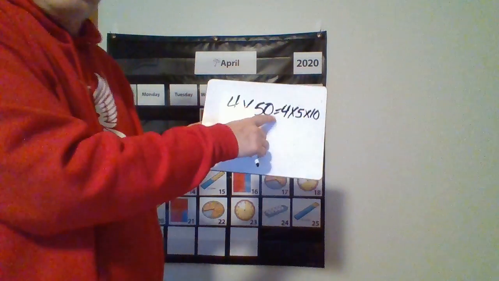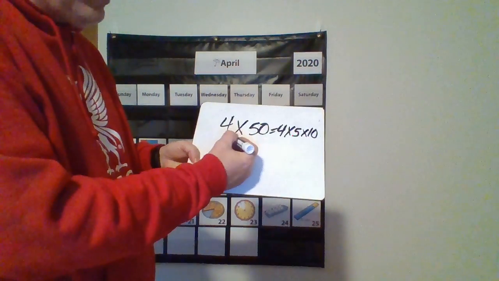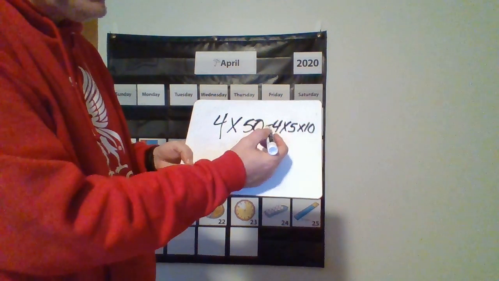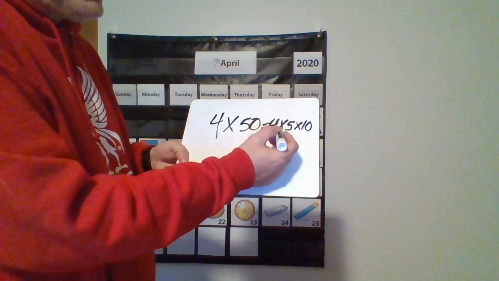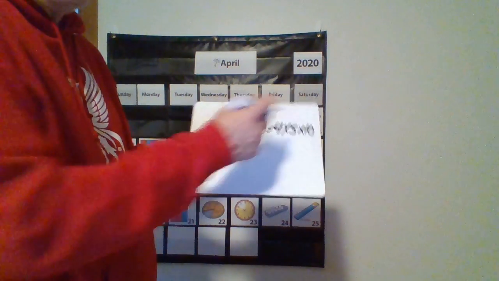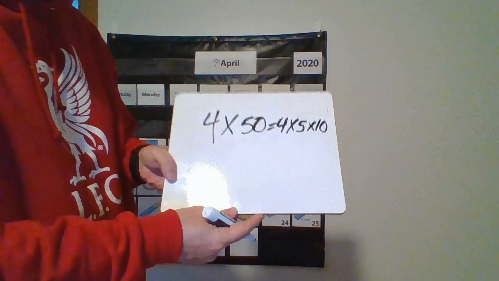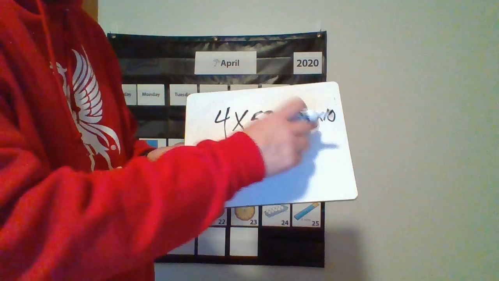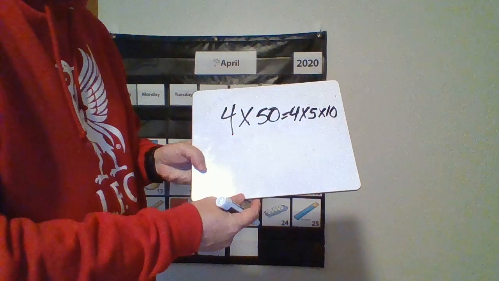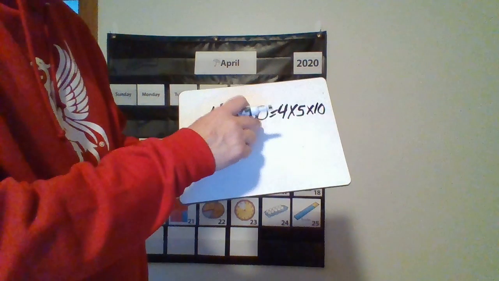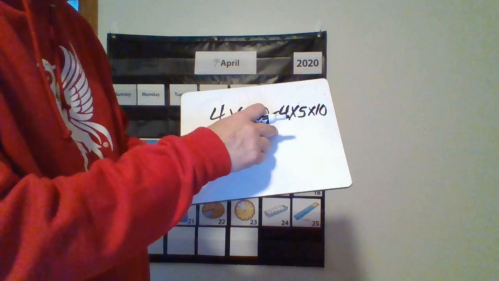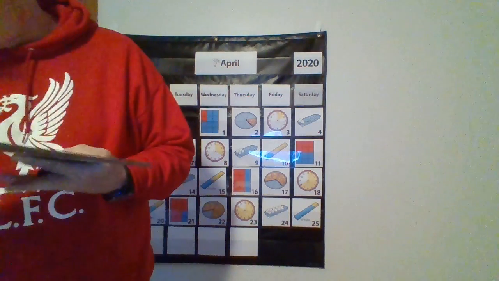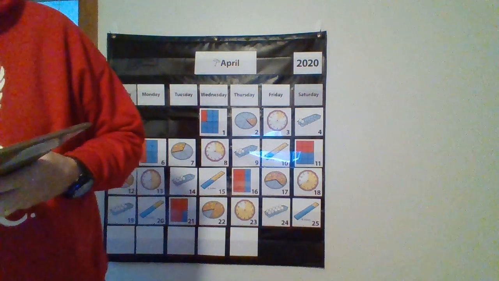So notice I have my equal sign here in the middle. 4 times 50 is equal to 4 times 5 times 10. Take a moment to pause and see if these two equations would balance out. If 4 times 50 equals the same thing as 4 times 5 times 10. So again, if you need to pause for a moment, do so, okay?